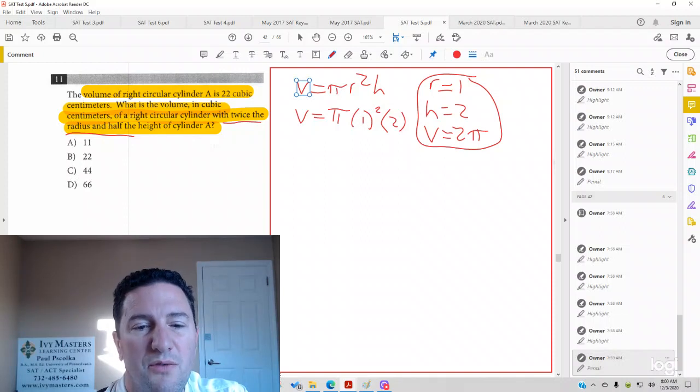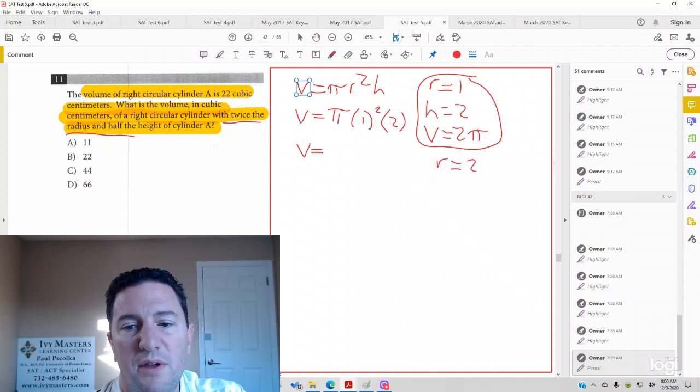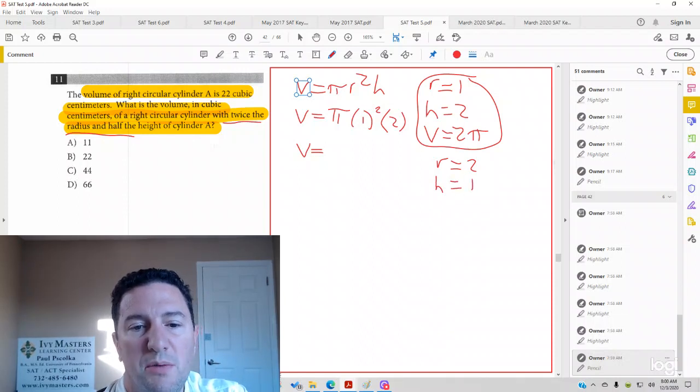And now I'm going to follow what it says, which is twice the radius. So if it's twice the radius, my old radius was 1, my new radius is 2. Half the height was 2, now it's 1. So now I plug in, volume equals pi times my new radius 2 squared times my height 1.